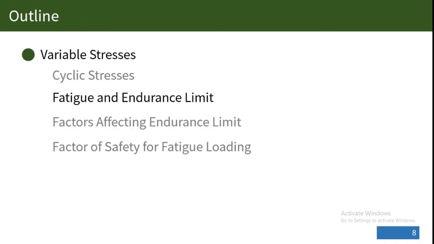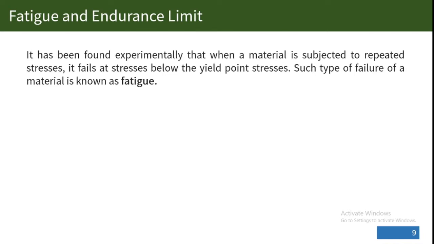So let's go to fatigue and endurance limit. It has been found experimentally that when a material is subjected to repeated stresses, it fails at stresses below the yield point stresses. Alright? And that type of failure of a material is called fatigue. Okay.